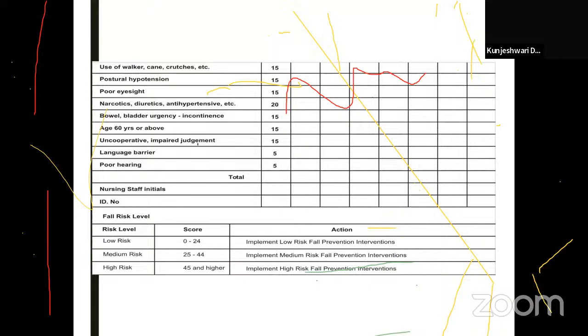Medium is 25 to 45. I should understand that his risk of falling is medium.